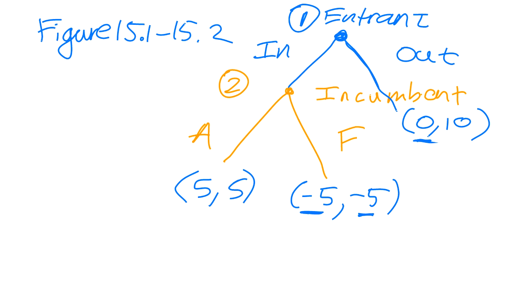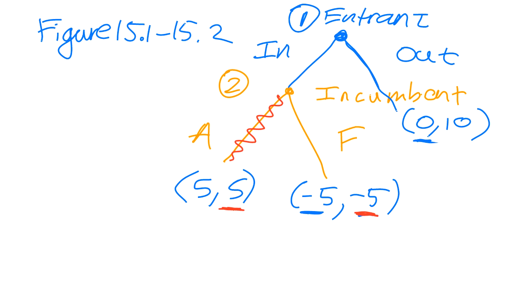If they accommodate, player 2 gets 5. If they fight, player 2 gets -5. They're going to pick whichever gives them the highest payoff. So in this case, it would be accommodate. I'm just going to mark that as the chosen path.